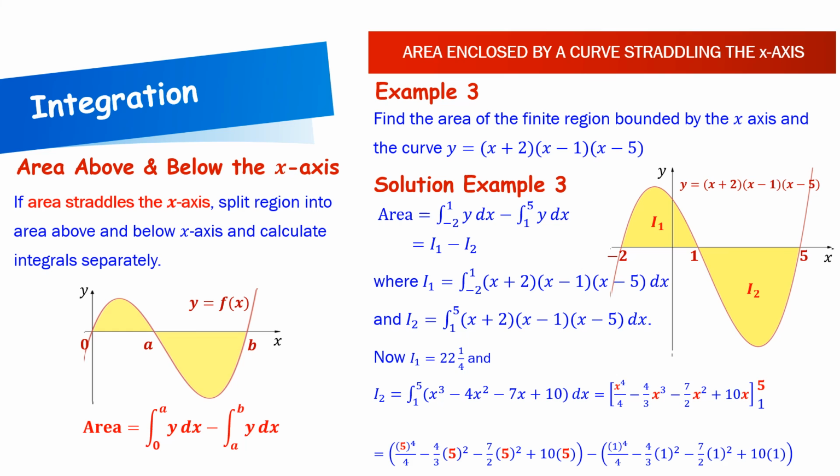Here's x equals 5 plugged into this expression, minus the same expression, but with, of course, x equals 1 plugged in. And if we tidy this up, we obtain minus 53 1/3. And of course, this makes sense with what we see in the diagram. We have a negative number because this region is below the x-axis.